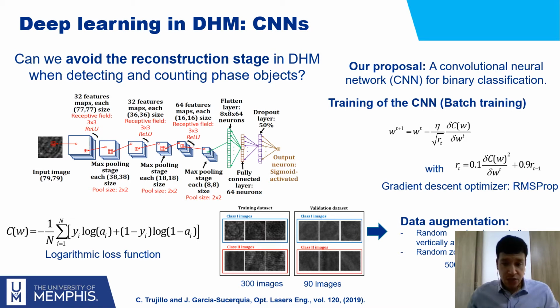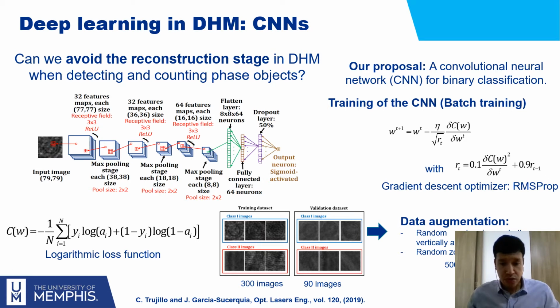To do this, as we can all see in the left part of the slide, we used 3 convolutional layers, and after that we use a regular perceptron with one flattened layer, one dropout layer at 50%. That is, we use a CNN for a binary classification problem.